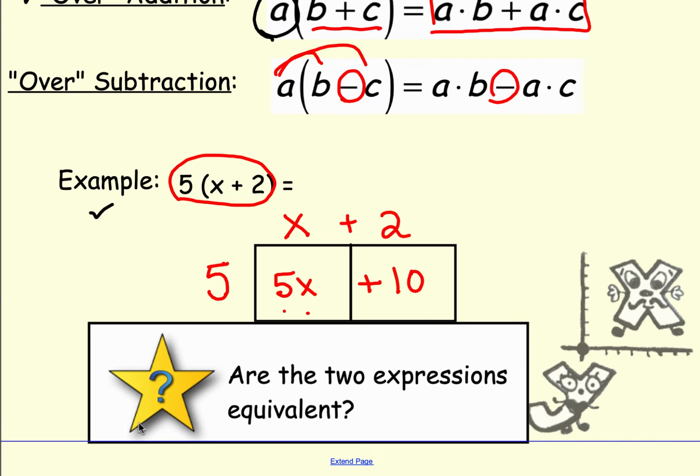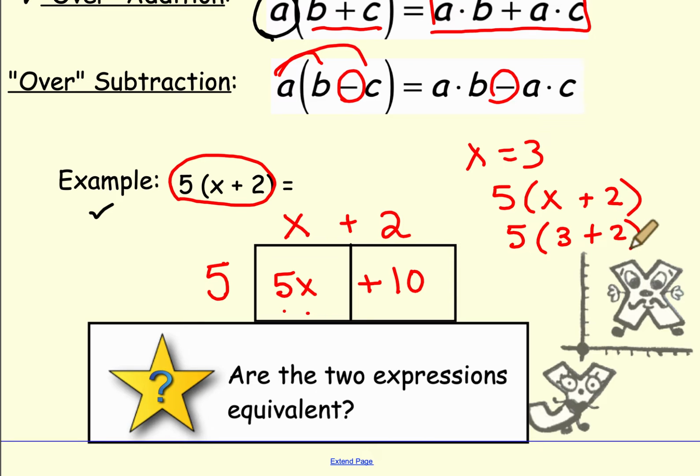Let's figure it out. Let's say that x is equal to 3. If in the original expression, 5 times x plus 2, we evaluated with 3, 3 plus 2 is 5, which means it's worth 25.